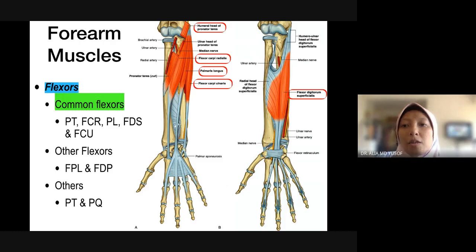The flexor digitorum superficialis tendon is inserted at the middle phalanges of the second, third, fourth, and fifth digits. The function of all of these common flexor muscles, except for pronator teres, is to flex the wrist.